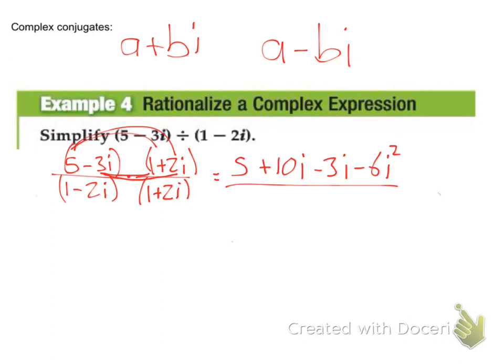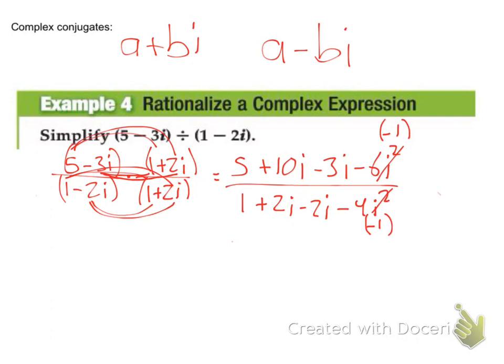Let's recognize things. 1 times 1. 1 times 2i. Negative 2i times 1. And negative 2i times 2i, negative 4i squared. Hey, wait a minute. I squared becomes what? Negative 1. Those negatives will cancel out, right? So that makes a positive 6.